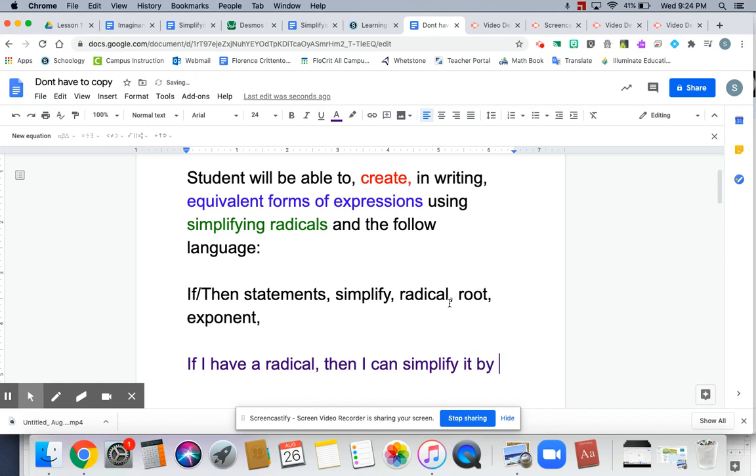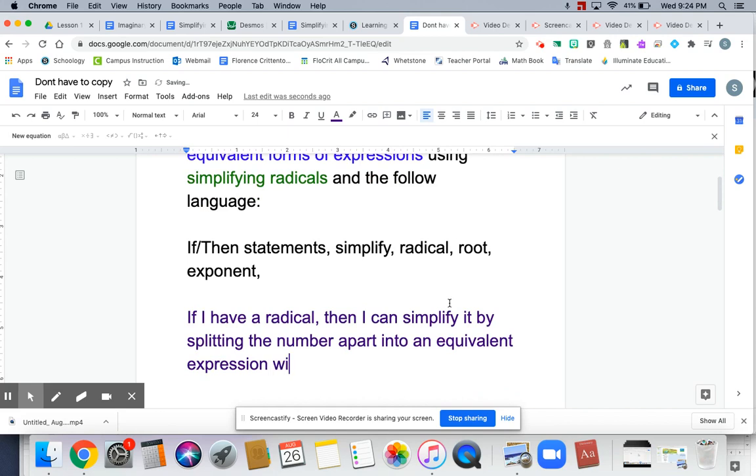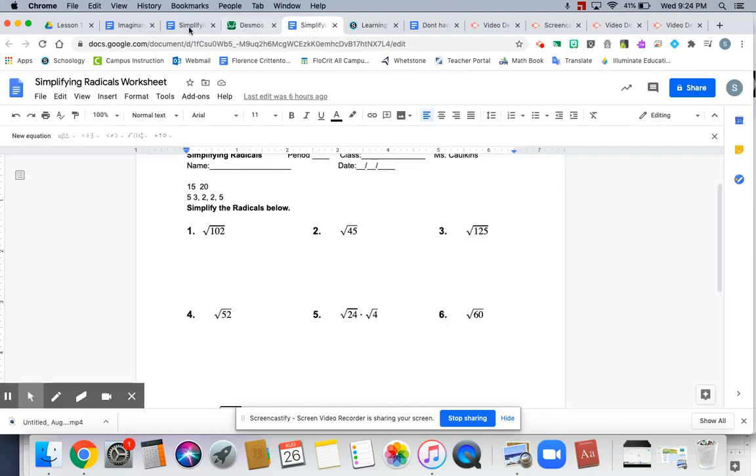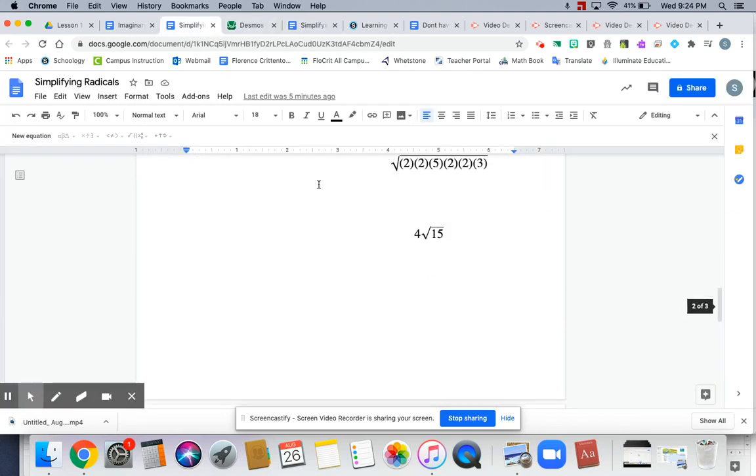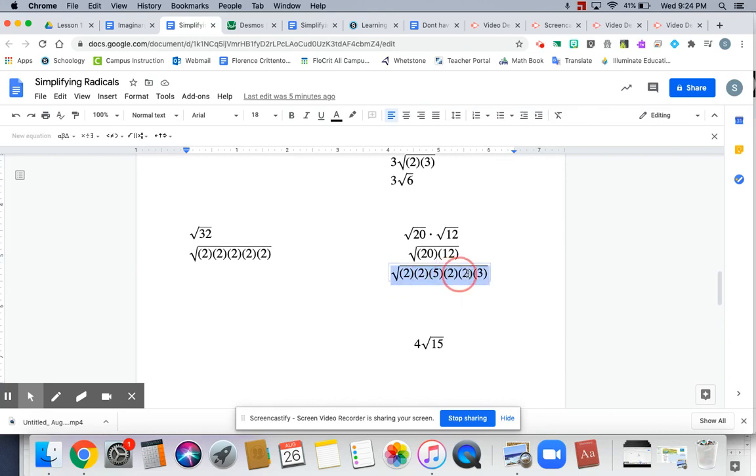By, and this is going to explain how we do it, splitting the number apart into an equivalent expression with only prime numbers being multiplied together. That's our goal in all of this. If we go back to the notes, our very first step on all of them was to break them apart into this prime-number-only situation.